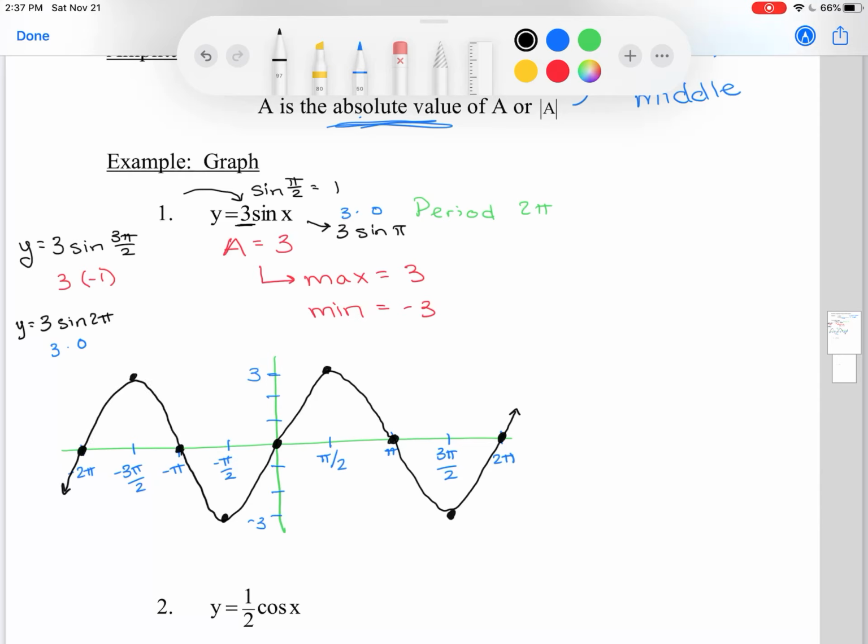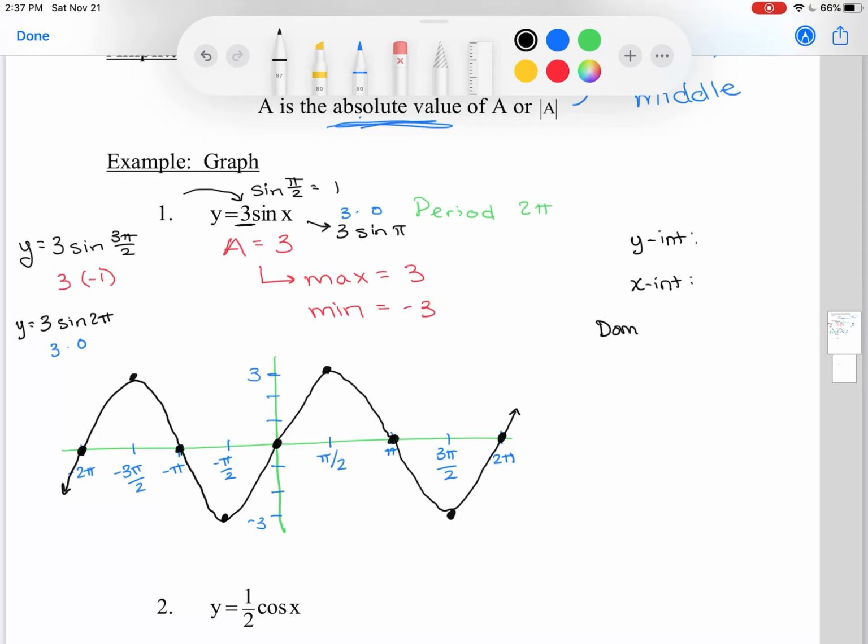So the furthest left point's got to be at 0, followed by the next point that's got to be up at 3, negative pi has to have 0, and negative pi over 2 has to be negative 3. And notice that the pattern will continue. So you have your graph. You have both the right side and the left side.